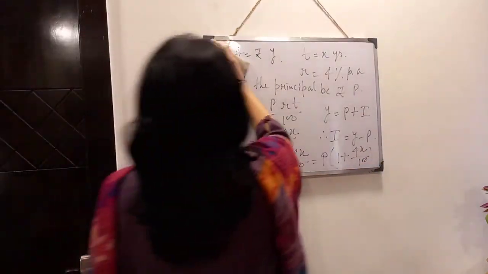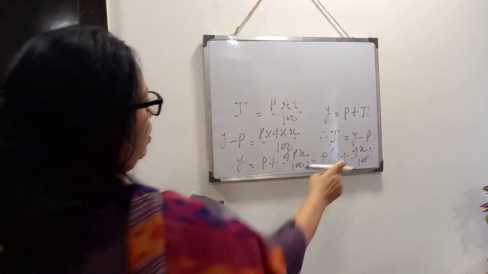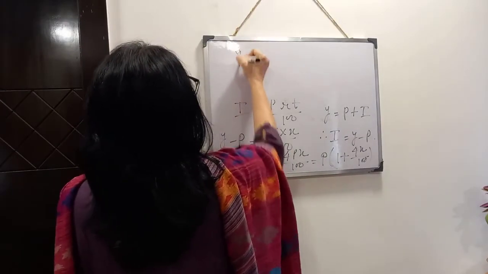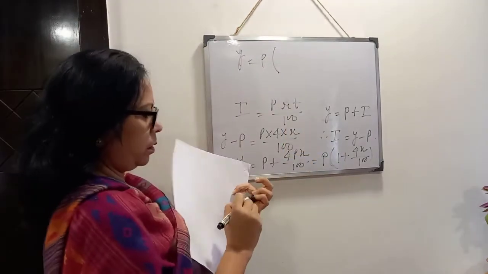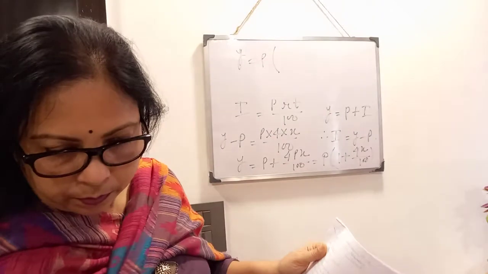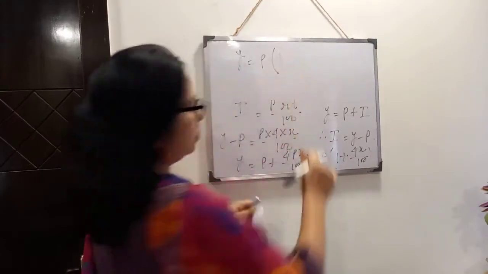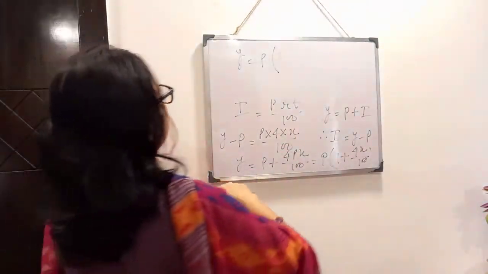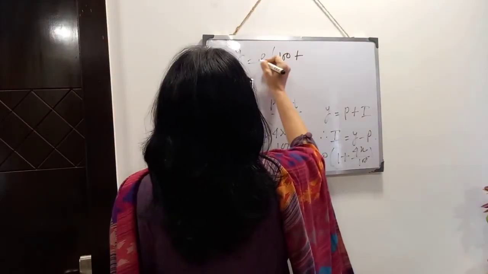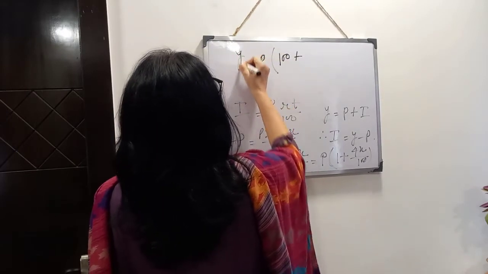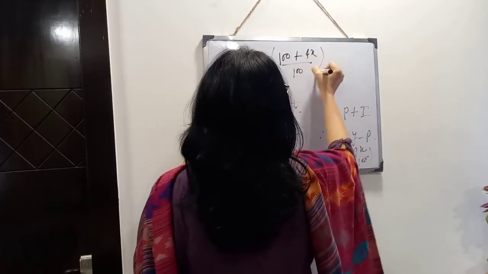Then take the LCM. Y equals to P into 100 plus 4x by 100 after taking LCM.